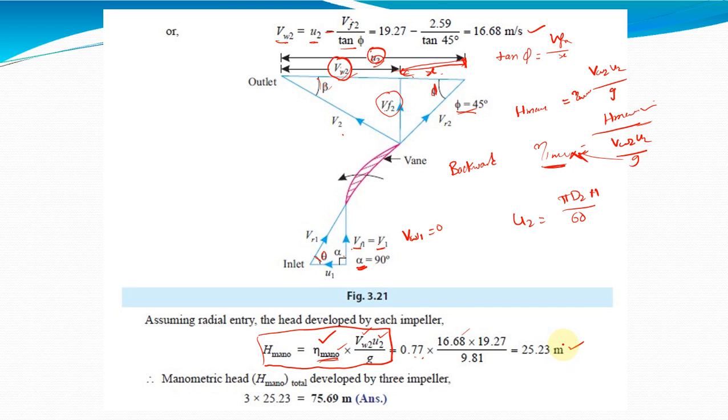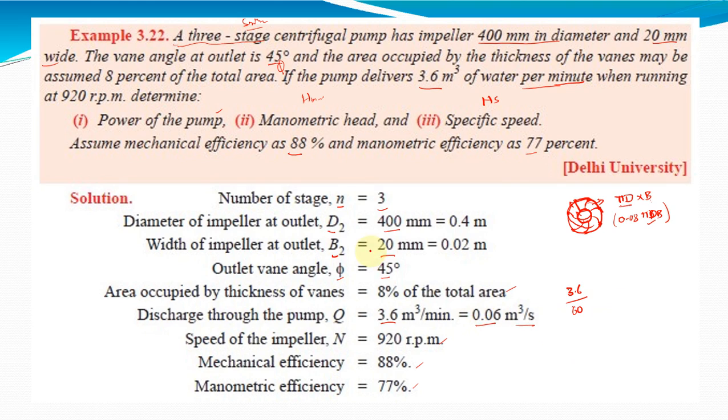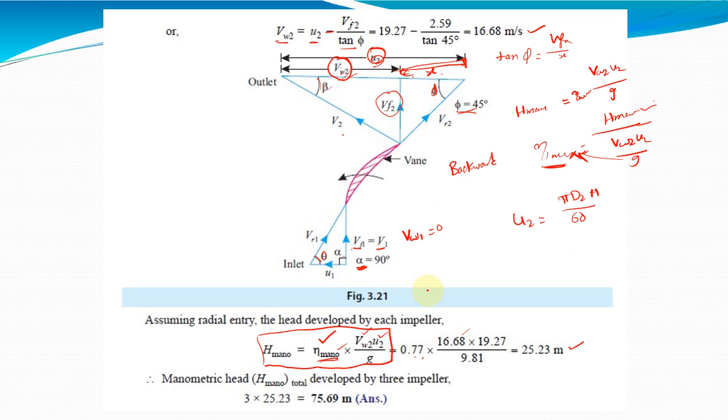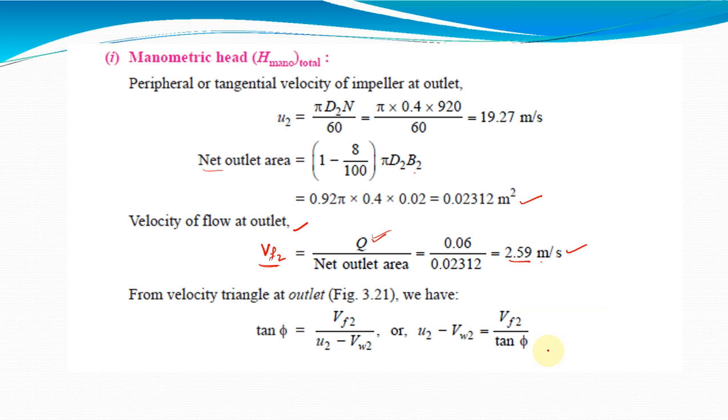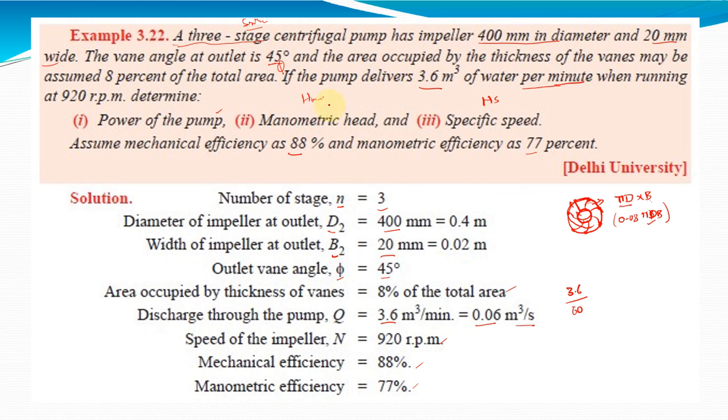Whatever you have calculated just now is the head developed by one impeller. So this is for one impeller, it is 25.23. At the start of the problem we assumed the pumps are in series, that means it is a three-stage pump.